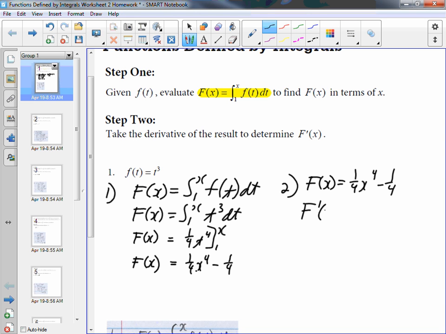We need to find capital F prime of x. Well, what's the derivative of 1/4 x to the 4th? X cubed. What's the derivative of negative 1/4? 0. Okay? So, what have we proven here? Well, not proven.